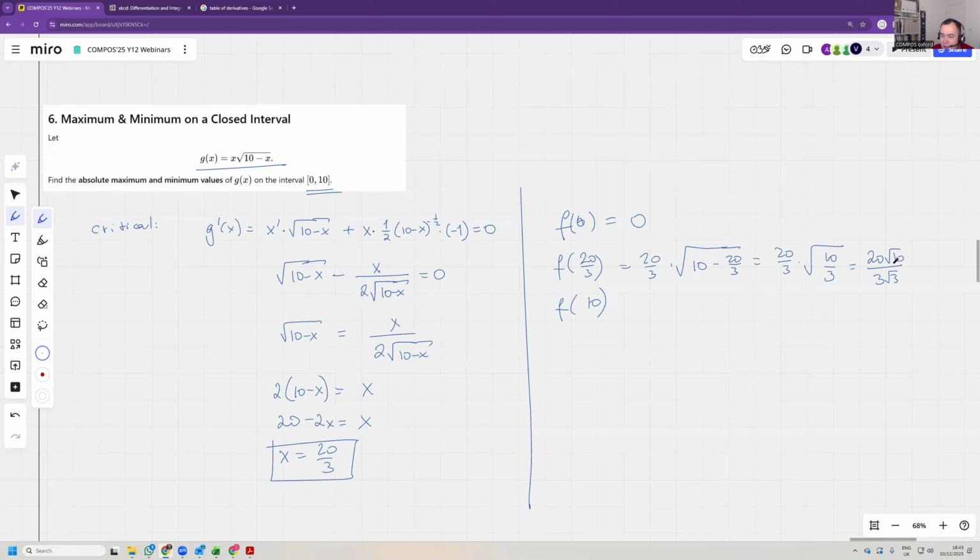Okay, well, it's more than 0. And f of 10, so that's 10 multiplied by square root of 10 minus 10, which is 0.